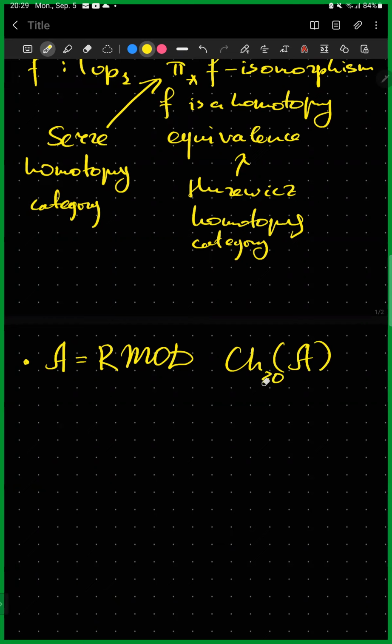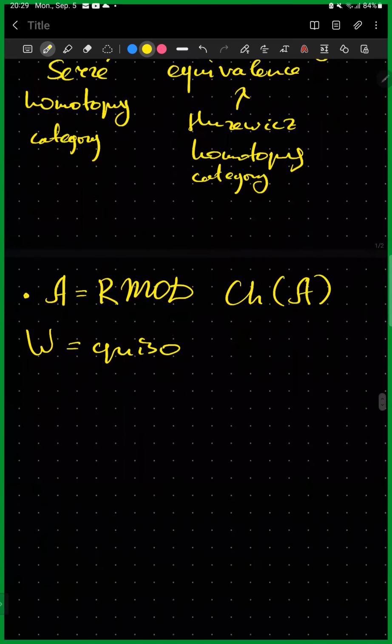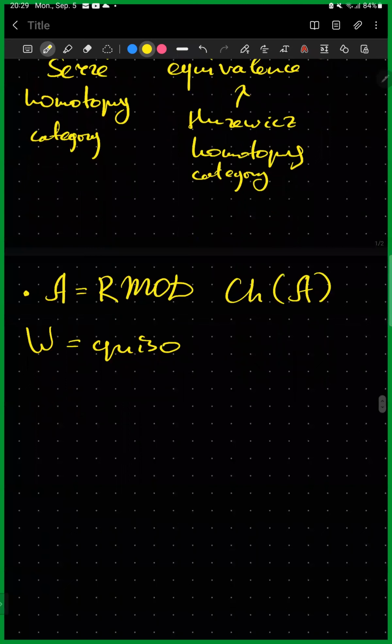Really, for this example, it doesn't matter that they're non-negatively graded. We can just state that weak equivalences should be quasi-isomorphisms. And actually, the same thing applies if we take A to be an arbitrary abelian category.